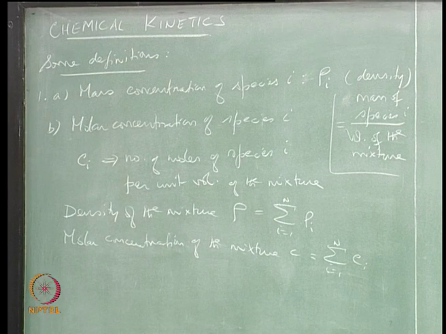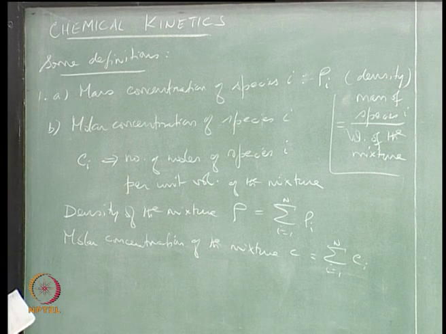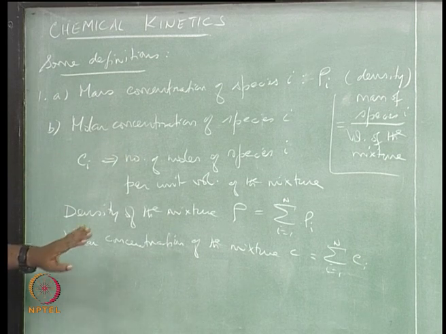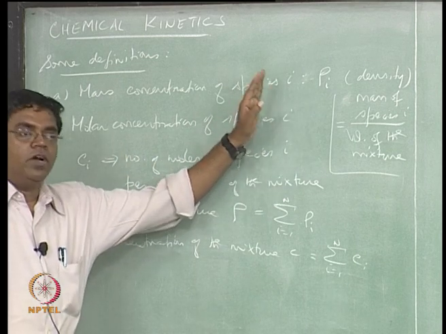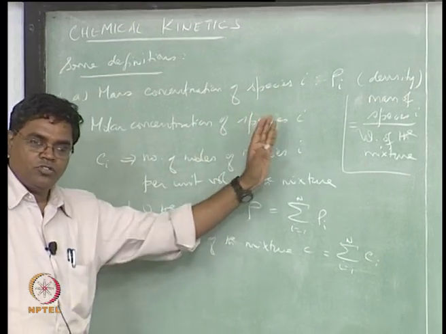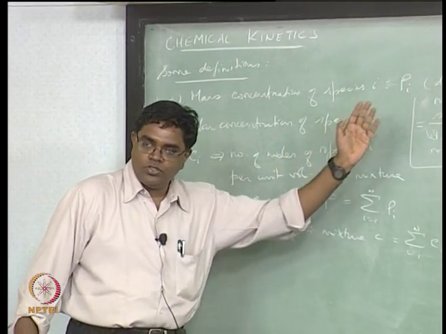That's it. And what's the relationship between Ci and rho I? One of them is number of moles per unit volume, and the other one is mass per the same unit volume. So the volume is pretty much the same for both. The only difference between them is, on the one hand you are counting the number of moles, the other you are counting the mass.